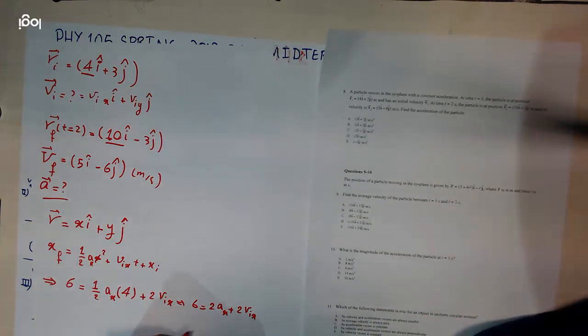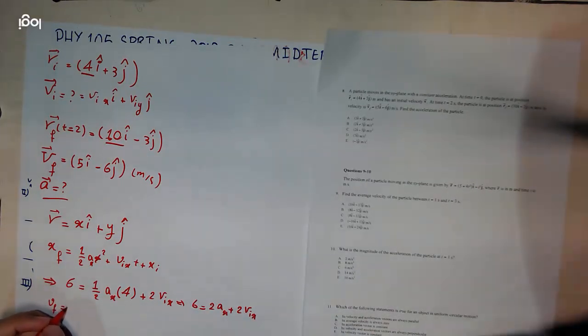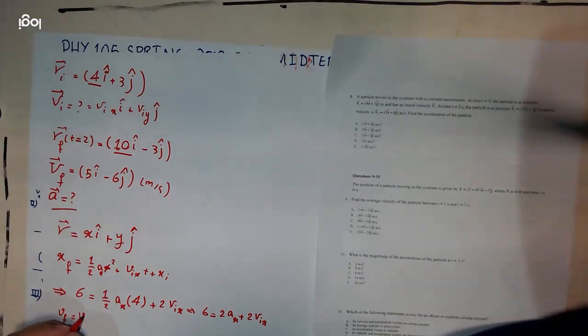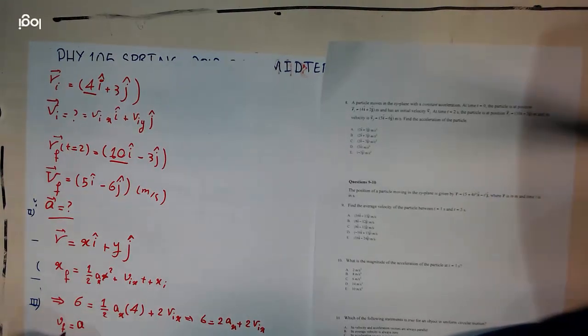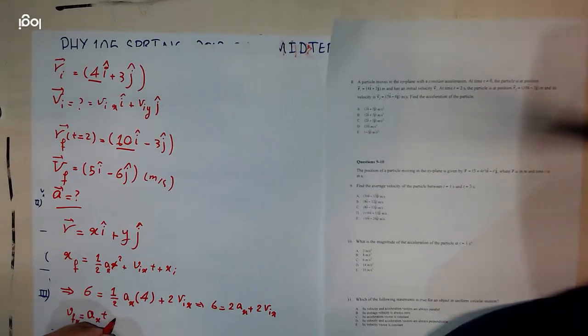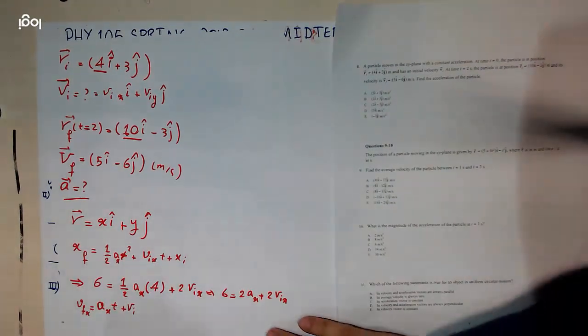Let's write here the equation which tells us about the relation between V final and acceleration in this part.